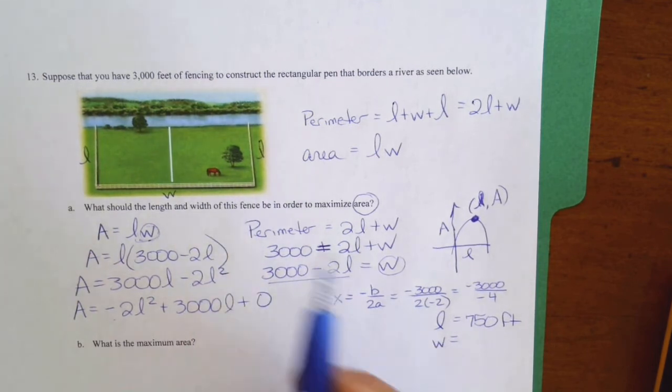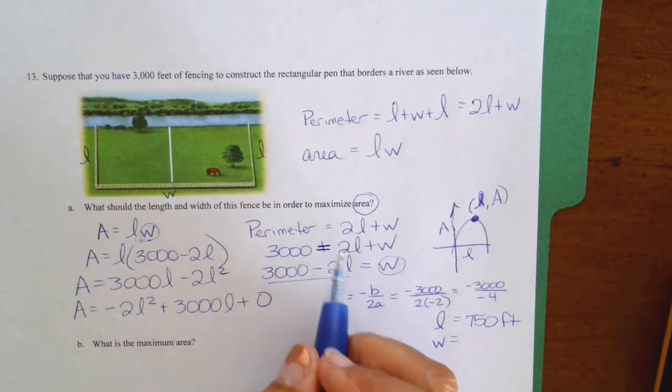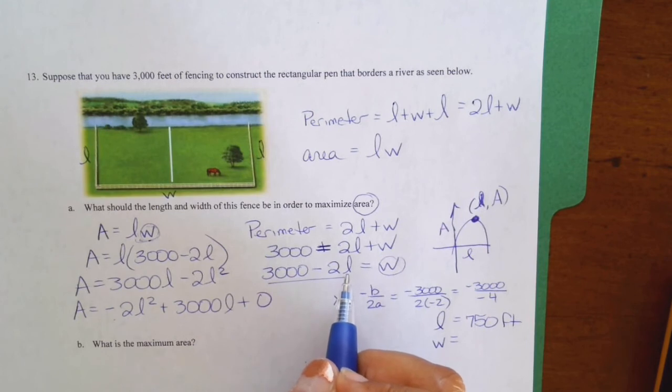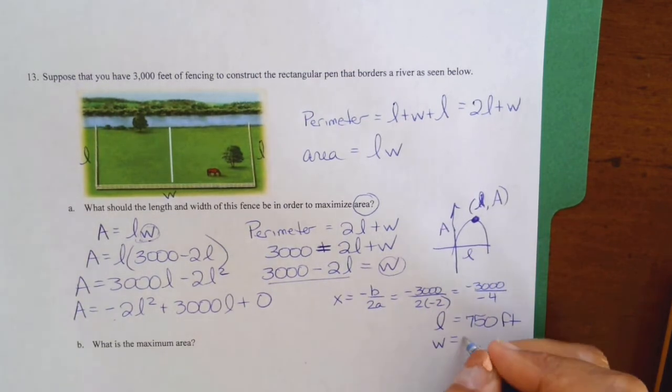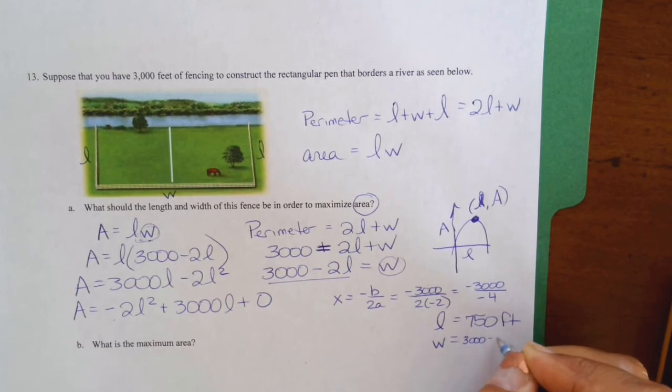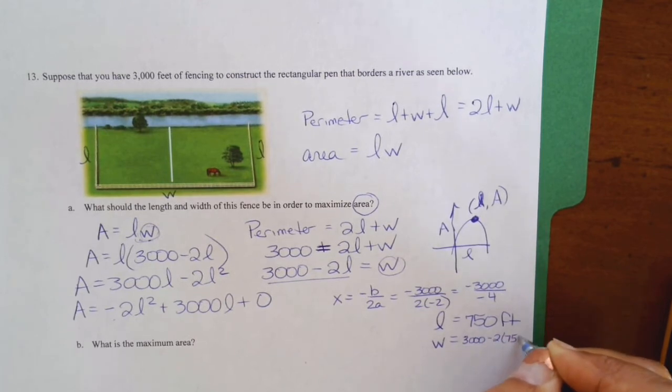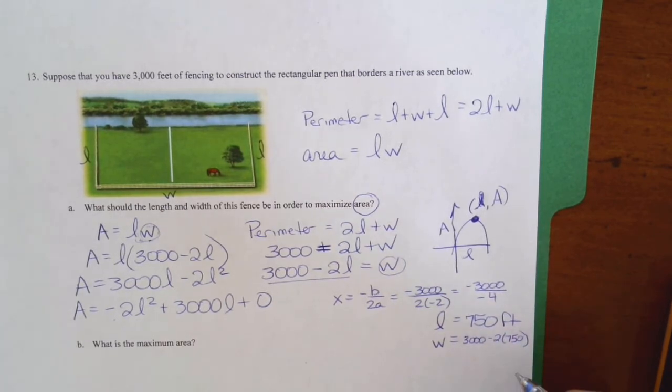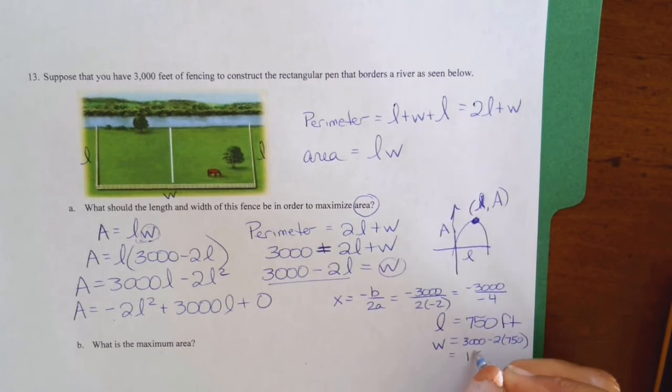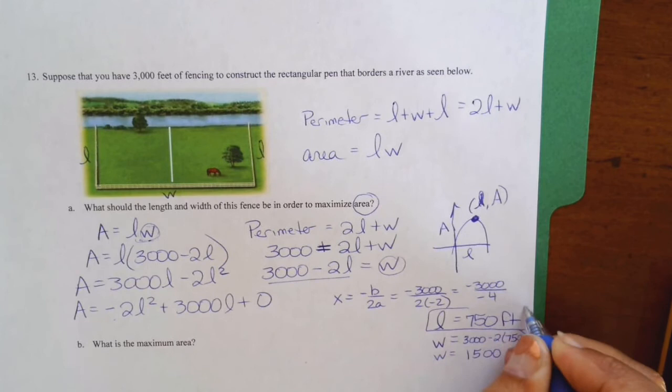Or if you can't see that, then you're just going to plug in 750 right here. So I'm going to do 3,000 minus 2 times 750, which will give you that 1,500. Okay, so there's your width. So there's the length, there's the width.